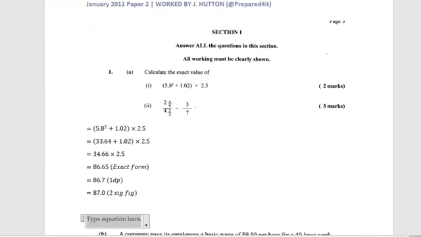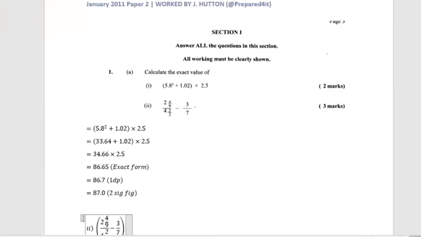Now, part 2 asked us to work a fraction. So they gave us 2 and 4 over 9, and that is divided by 4 and 2 over 3 minus 3 over 7.